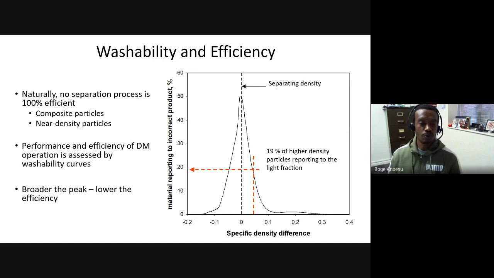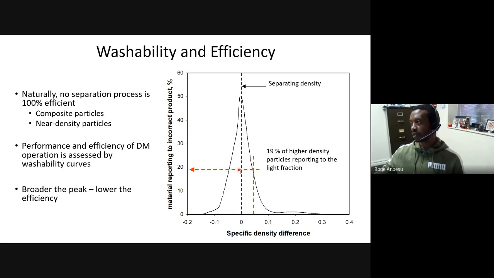Okay, so we want to know what proportion of the particles are near gravity, or near the separating density. If they're only, say, 5%, and all the other particles are either very light or very heavy, then we know separation would be slightly easier, right? So again, we need to think about what proportion of particles have density close to the separation density.